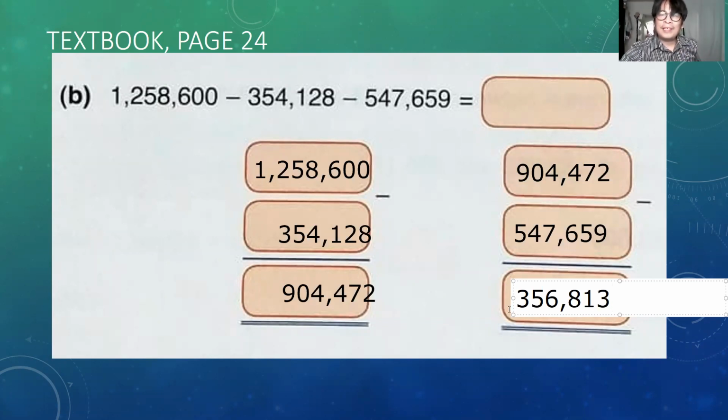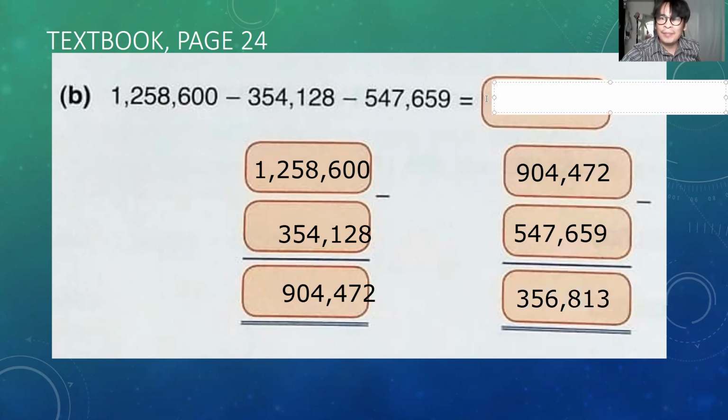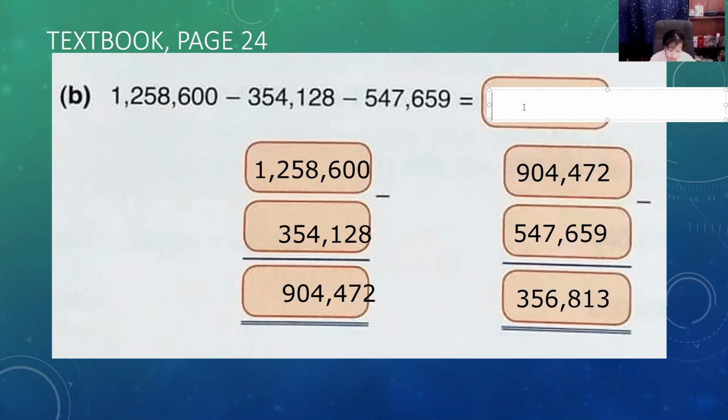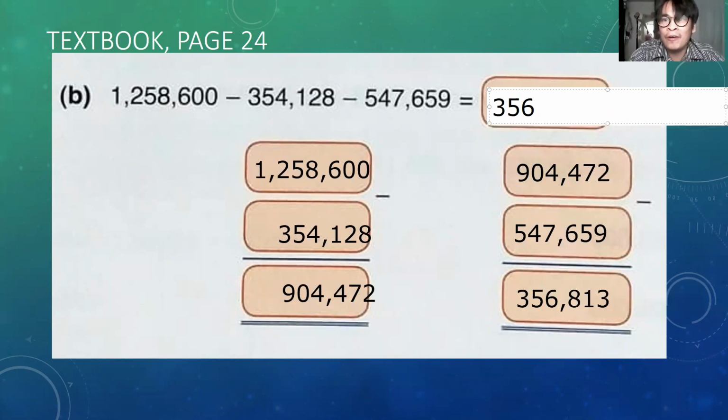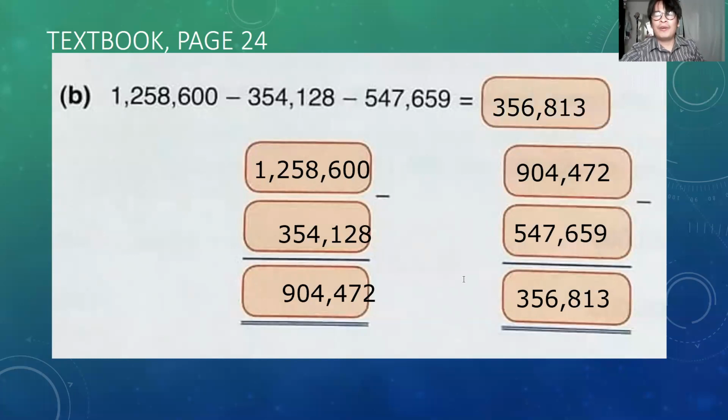So, is our final answer the same as yours? Yes. Okay, very good. Those who say no, okay, get the rubber eraser, copy the answer. Okay, I'm going to count backwards again so that we move to the next number. 5, 4, 3, 2, and 1.